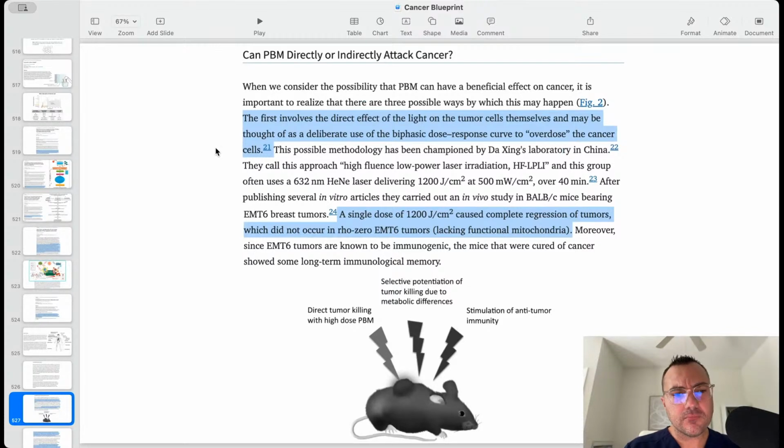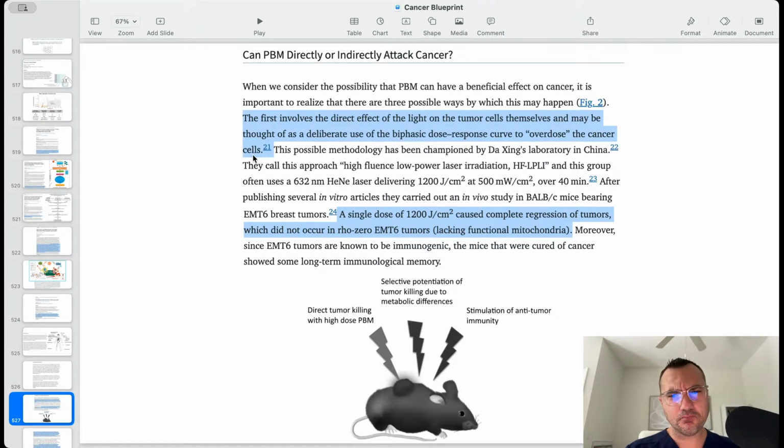Then on the complete flip side, they ask, can PBM, or photobiomodulation, directly or indirectly attack cancer? And it gives us several proposed mechanisms. It says the first involves a direct effect of the light on the tumor cells themselves, and may be thought of as a deliberate use of the biphasic response curve to overdose the cancer cells.